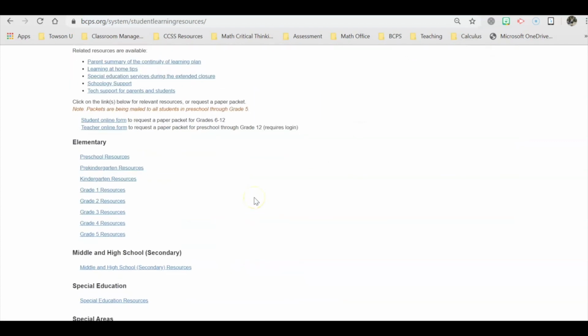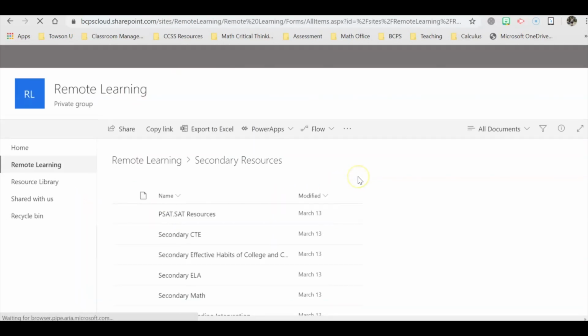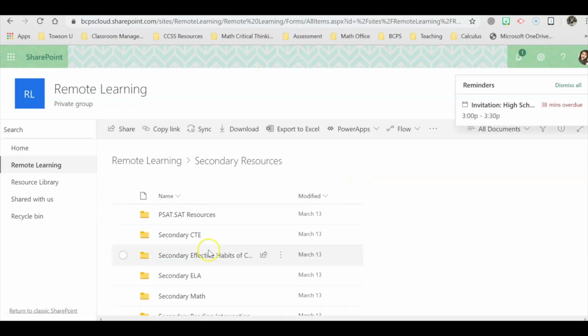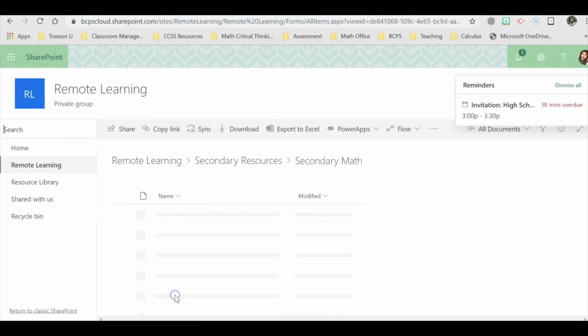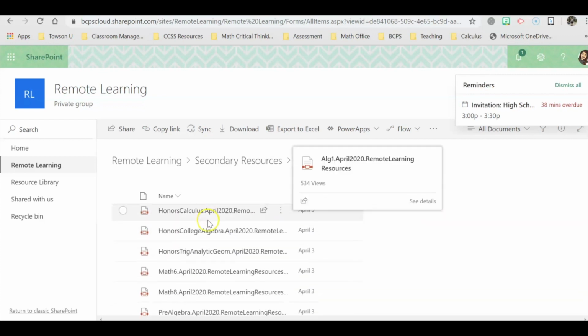Scroll to Middle and High School Secondary Resources, and once you open up this page, there are folders with all of the secondary content areas. Select Secondary Math, and you're going to be looking at April 6th to 24th. Click on that folder, and that will bring you to all of the PDF files for the print materials.